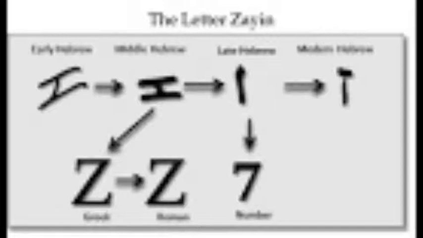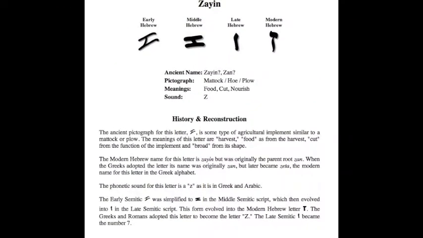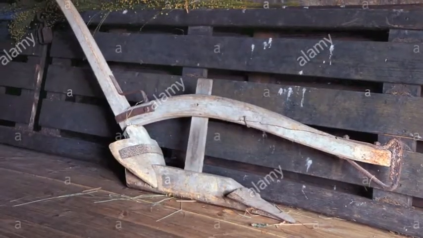It says here in the Ancient Hebrew Lexicon that the ancient pictograph of this letter shows some type of agricultural implement similar to a mattock or a plow.